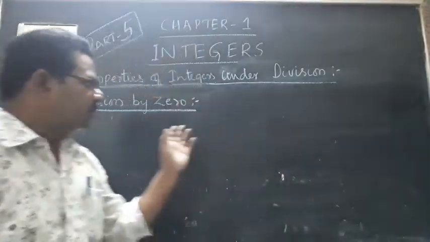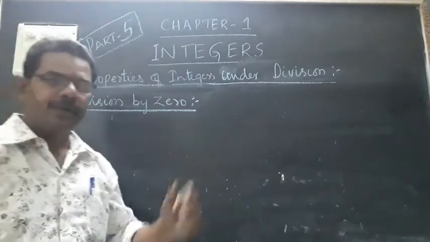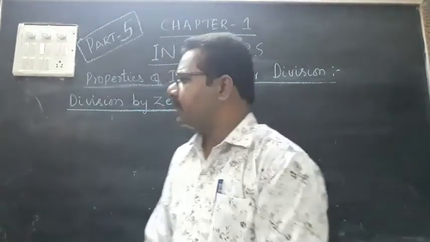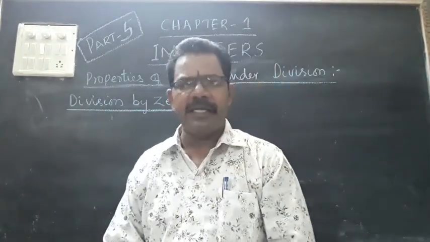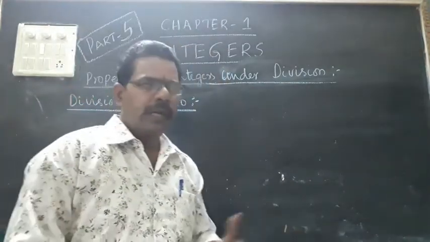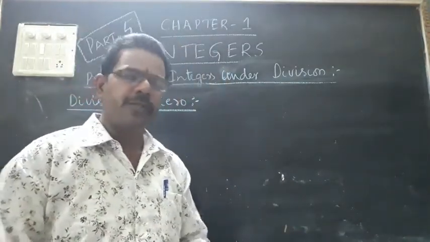This is division by 0 of integers. Like whole numbers, we can say division by 0 of any integer is also meaningless. Because division by 0 for whole numbers is meaningless, like that, integer division by 0 is also meaningless.